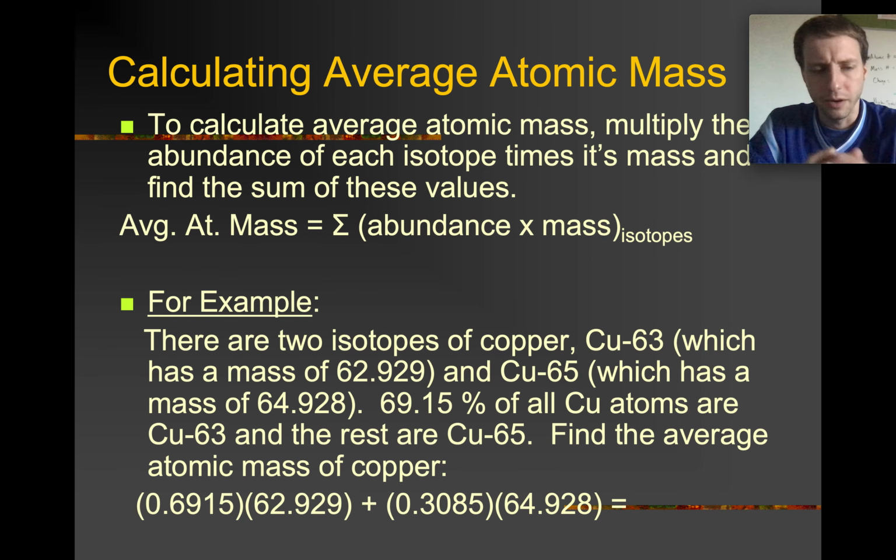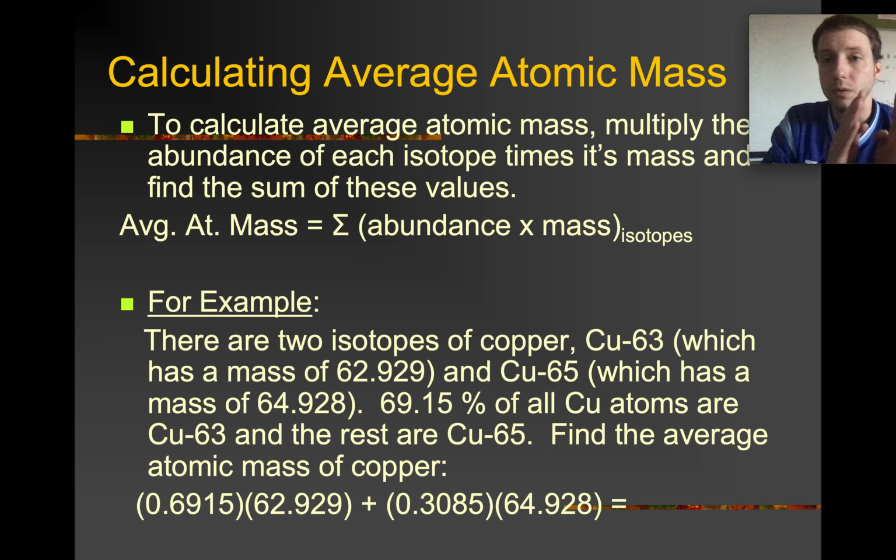Now I multiply the abundance of my first isotope by the mass of my first isotope, and then I add the abundance of my second isotope multiplied by the mass of my second isotope. If I had a third isotope, I would multiply the abundance times the mass. This is actually how your weighted grades are calculated.